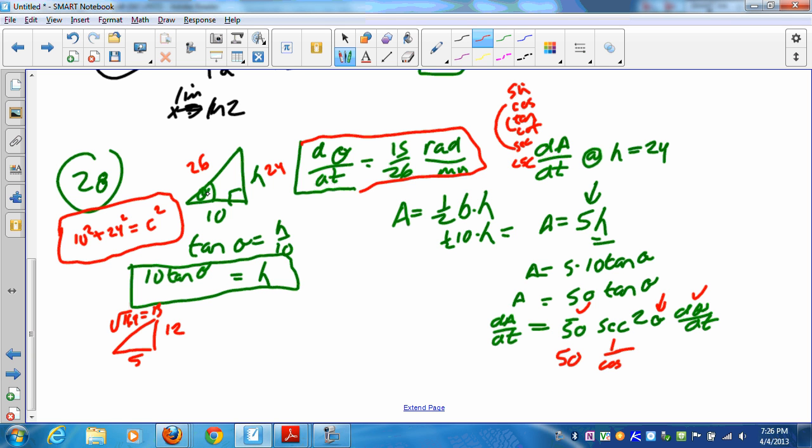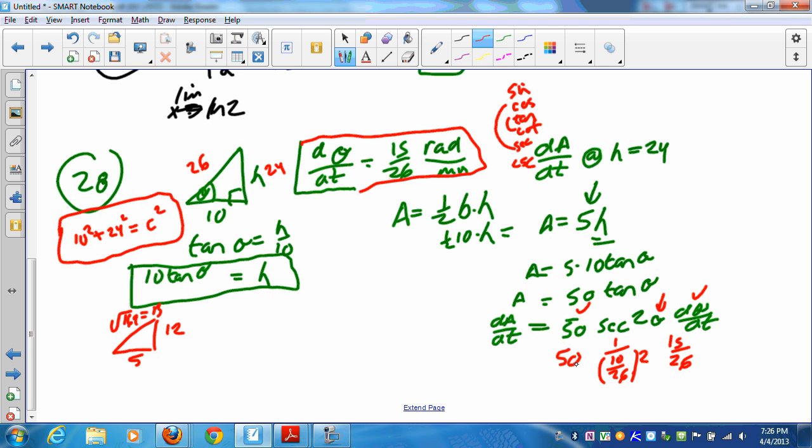Cosine is the adjacent, 10 over 26. So we have 1 over 10 over 26 squared times, what's d theta? 15 over 26.